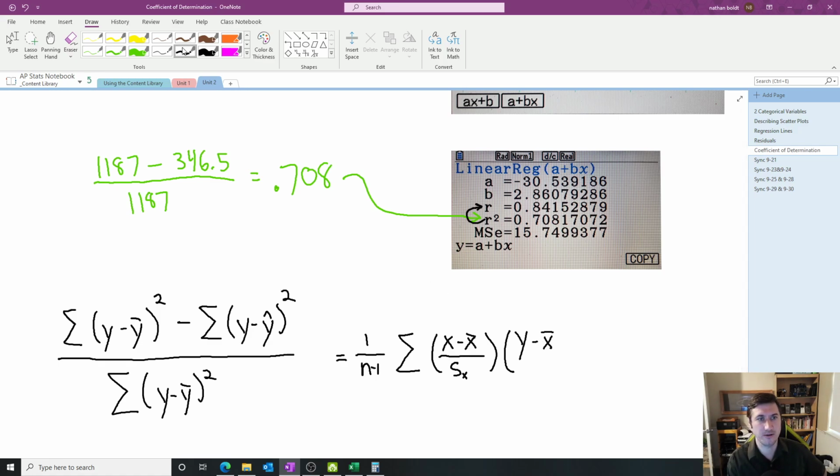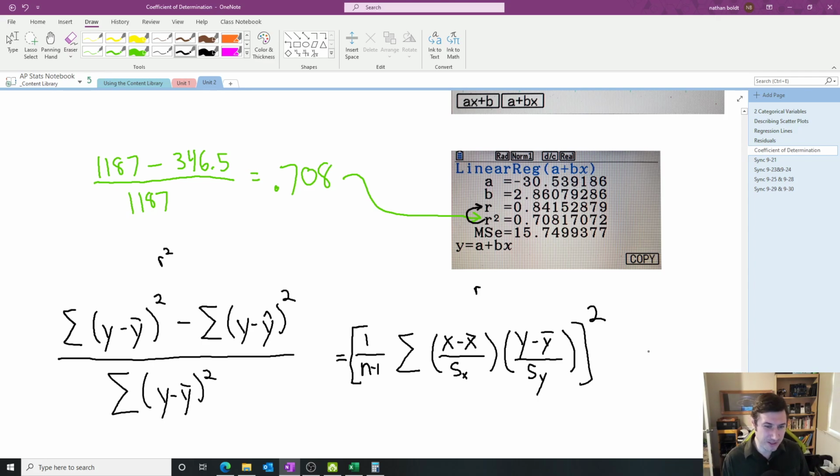Oops, that 1 over n minus 1 was on the outside usually, wasn't it? And that should have been a y as well, over the standard deviation of y. So this is our calculation for r. This is our calculation for r squared. And so if we square this whole thing, they both become r squared.